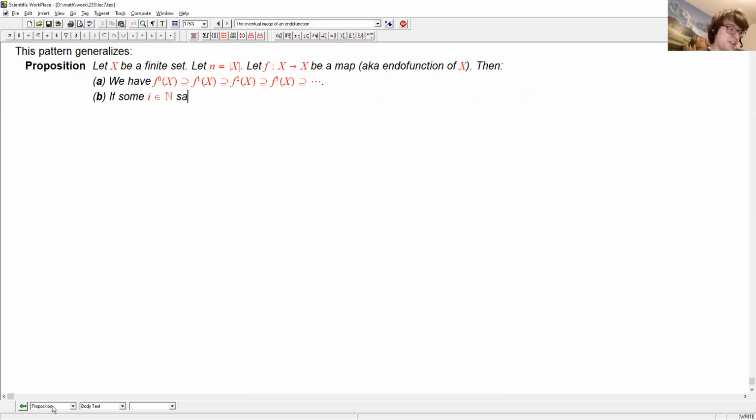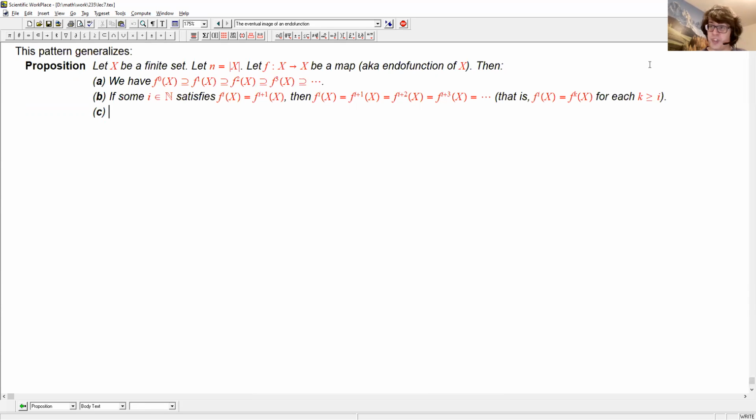So if some i satisfies f^i(X) = f^(i+1)(X), then f^i(X) = f^(i+1)(X) = f^(i+2)(X) = f^(i+3)(X), and so on. So in other words, f^i(X) = f^k(X) for each k being at least i.